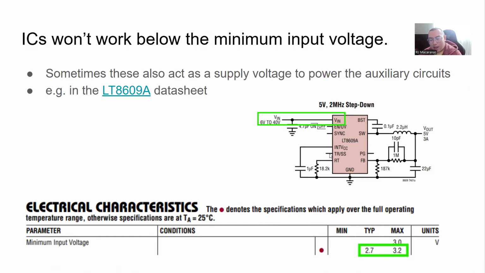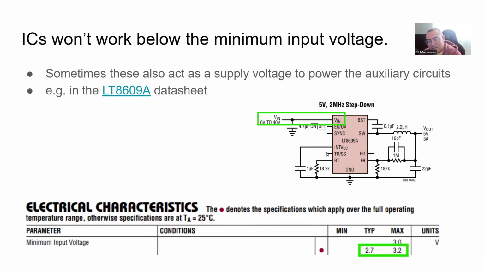Some chips will have a separate VCC pin or something similar that is actually used to supply power. But this one in particular, the input voltage is actually being used to power the auxiliary circuits. Right, so you can see there's no separate VCC pin.